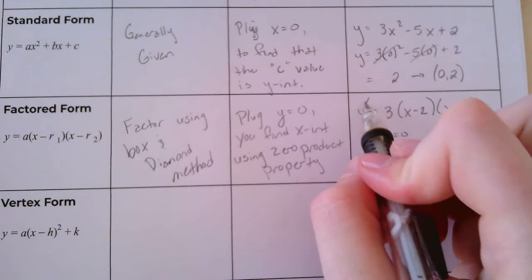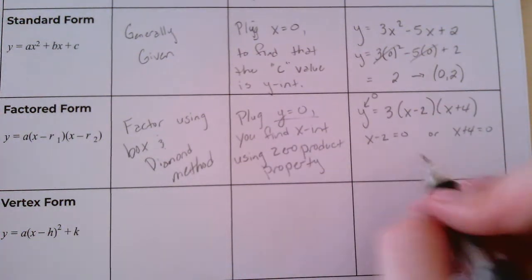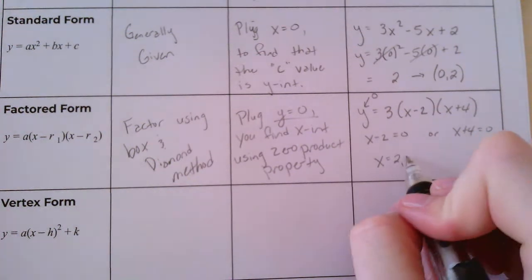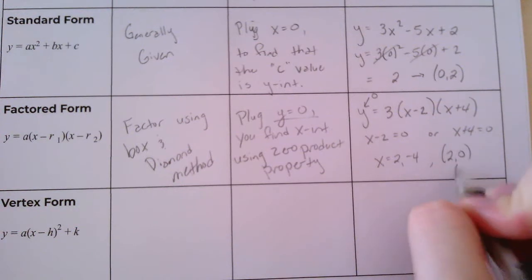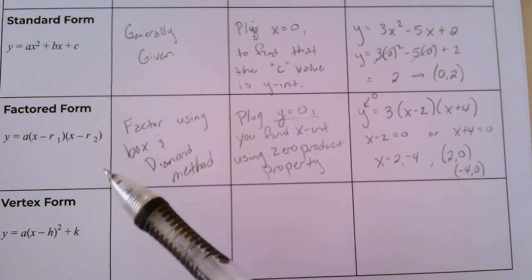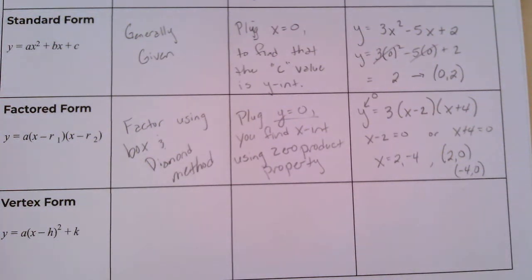And again, this is after plugging in 0 for y. And I would find that my x-intercepts happen at 2 and negative 4. And so I get the points (2, 0) and (-4, 0). So again, factored form is really powerful because we can pretty quickly see what our x-intercepts are.